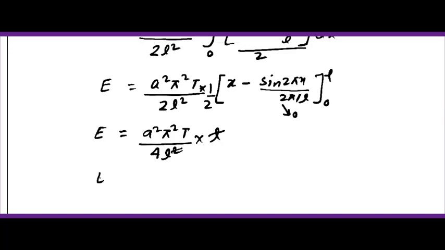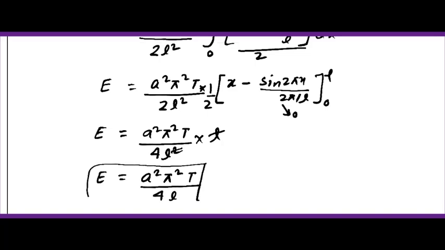Now the total energy in the string is a square pi square T by 4L. So this is the correct answer, and this is the total mechanical energy which is stored in the string. Thank you. Sorry, there will be by L here. When you substitute this L here, then L to L cancel, then sine 2 pi is 0, and you will get this answer. Thank you.